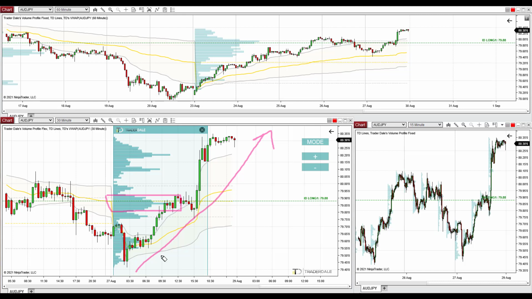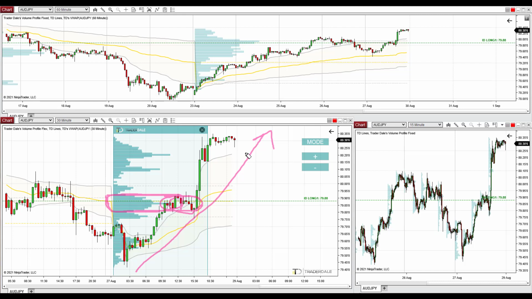So I think that buyers were manipulating the price to go upwards, and they were adding to the longs in here at this place where we see that the volume profile is wide and it shows heavy volumes traded there. So I think those guys were active there and they were adding to the long positions at this place.